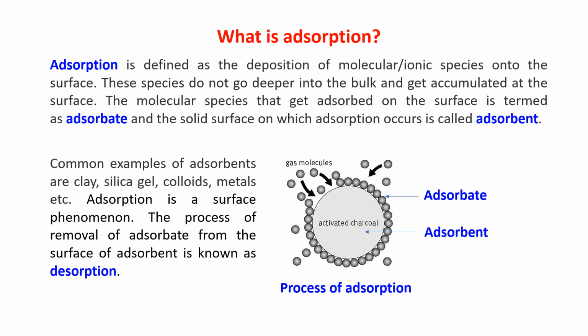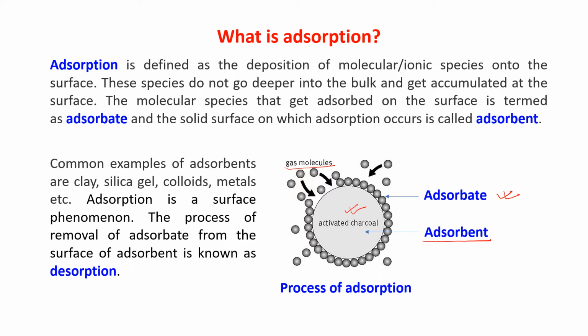These are the molecular species that are getting adsorbed on the surface of the activated charcoal. These gas molecules are the adsorbate, and activated charcoal here is acting as the surface on which the adsorption occurs. That is known as the adsorbent.